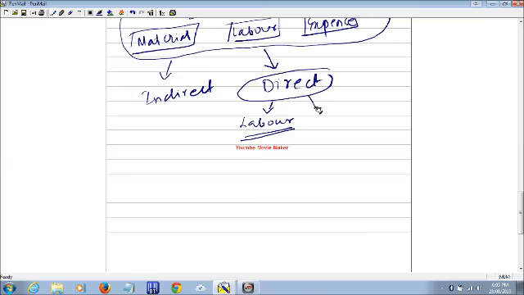Now how? Direct expenses are purely related to the direct laborers who work for the actual production of the material.